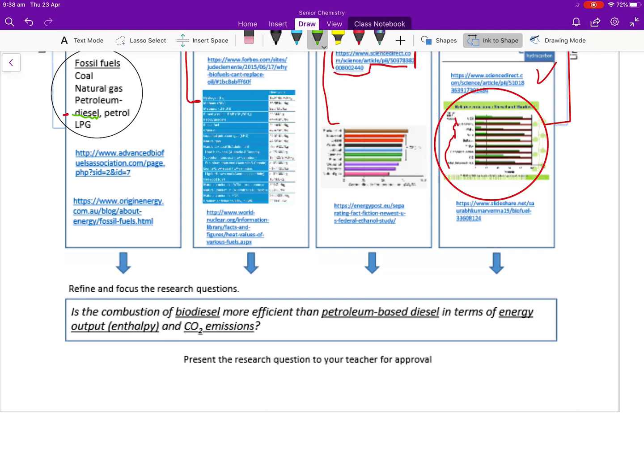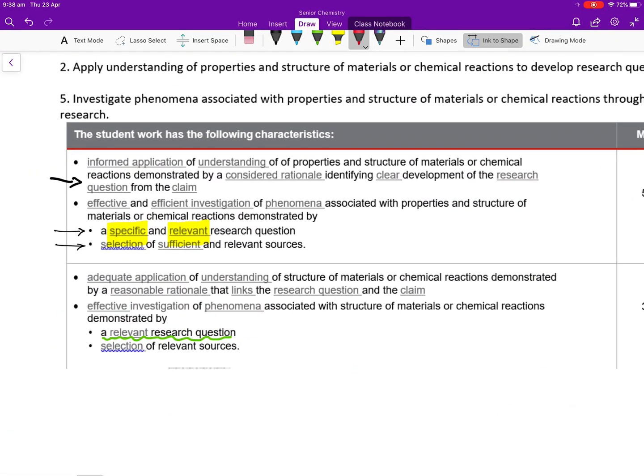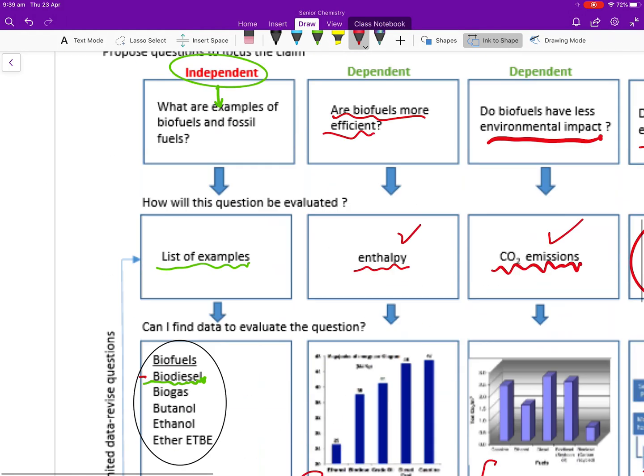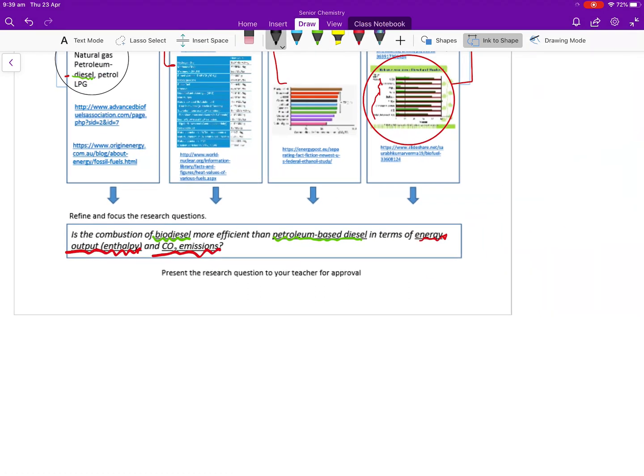So if I go and look at this now, I have a clear independent variable, okay? I can clearly see what I'm comparing, what I'm changing, and I've got a very clear couple of dependent variables. So if I went back to the ISMG here and I said, well, I'm looking for a specific and relevant research question, and I go back down here, is it relevant?